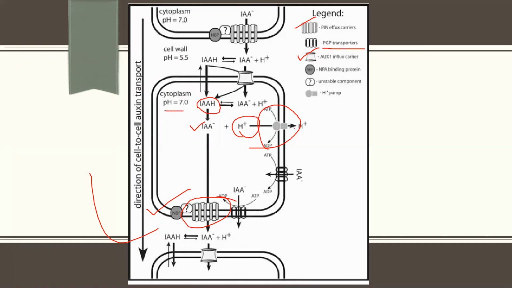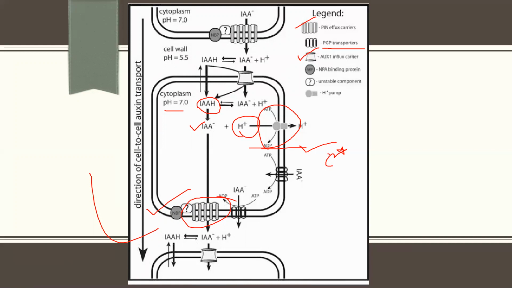Now this is an important thing to note. I forgot to mention that when auxin exits from the cytoplasmic region, an expansin protein is activated, and this protein leads to elongation of cells.